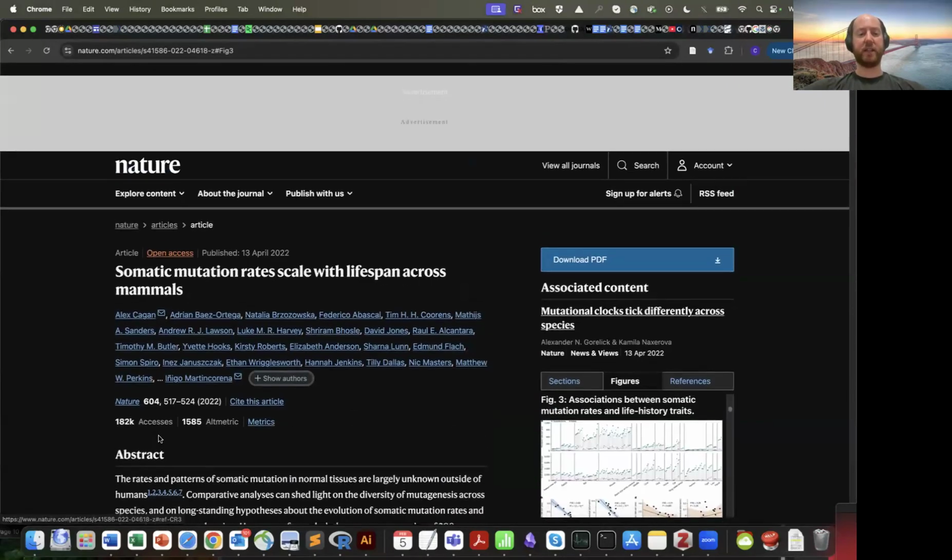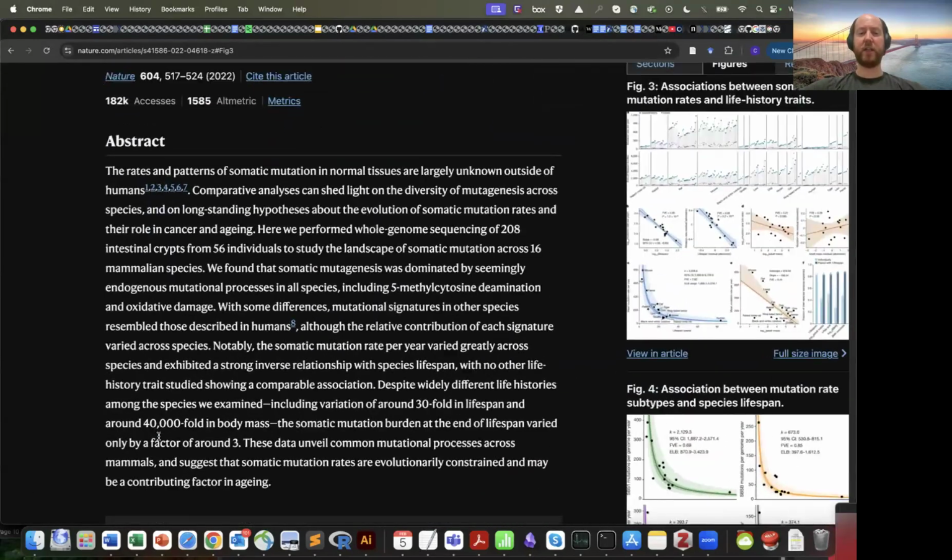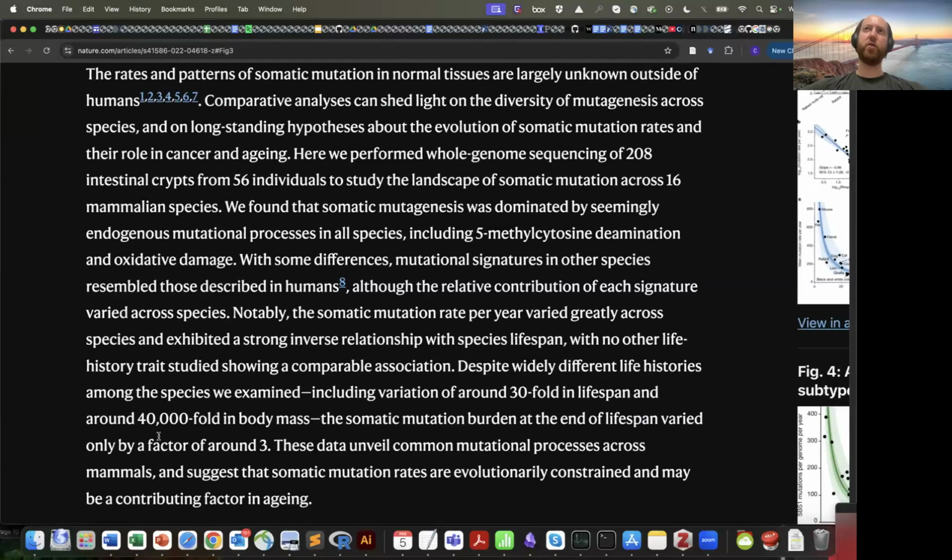In this study that Alex Kagan did, they had to find a cell in the body which was a good gauge of mutation rates, because if you take a skin cell in an average human, depending on the amount of sun exposure, there'll be a lot of mutations. Mutation can be affected by sun exposure, by smoking, by all kinds of behavioral aspects.